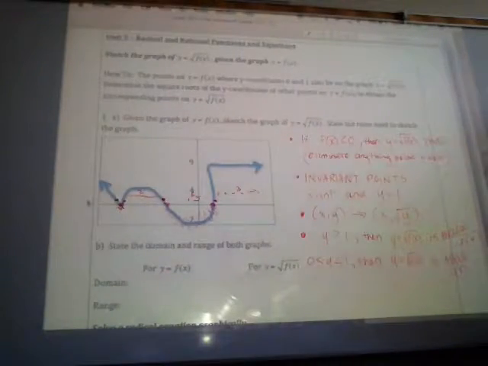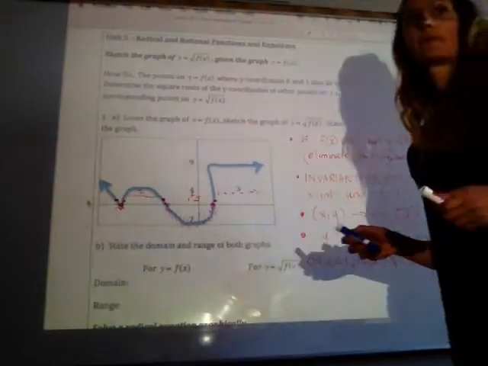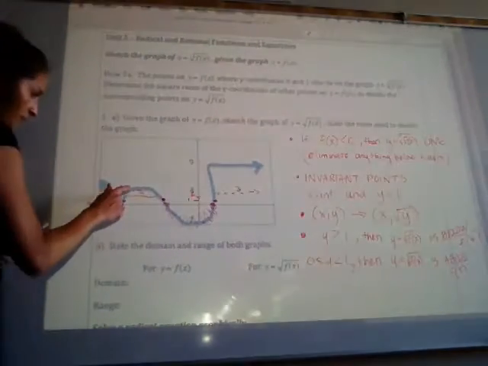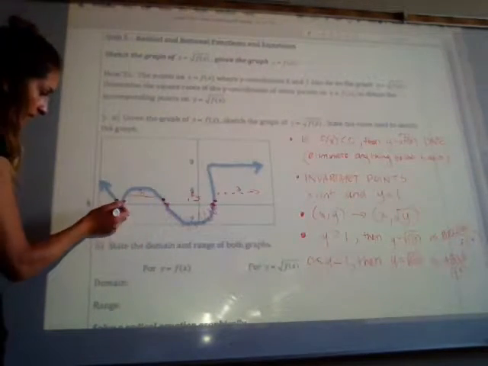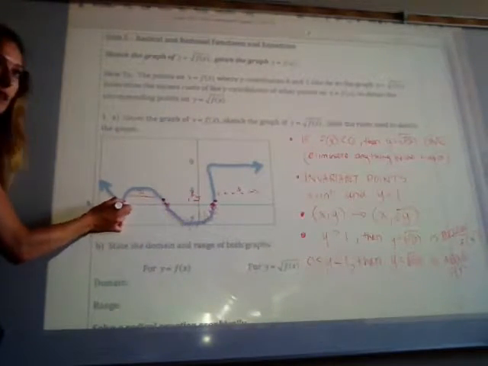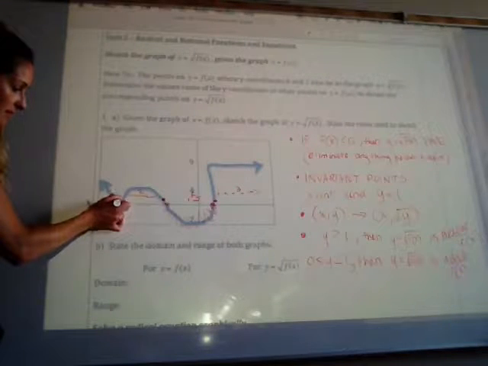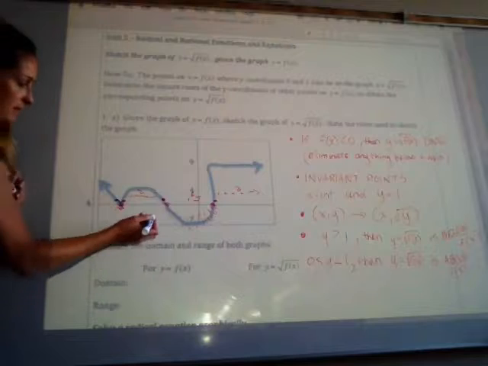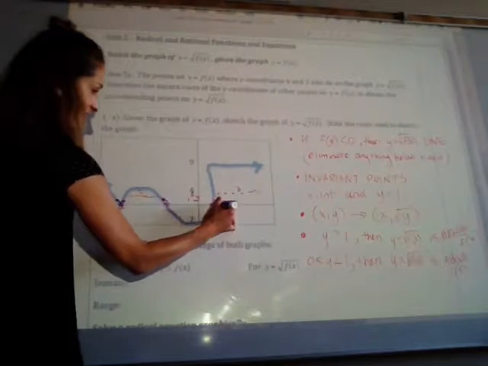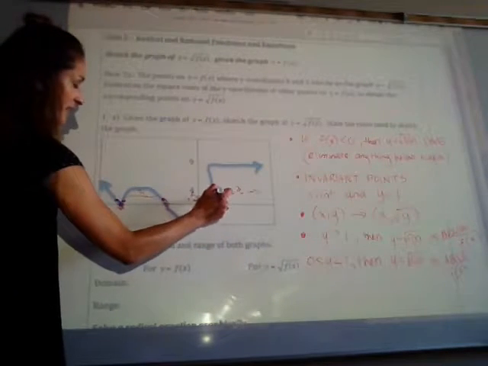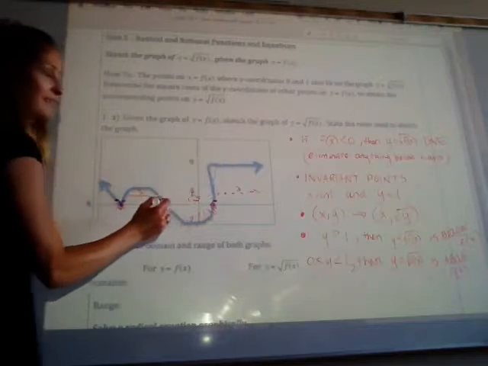So let's just draw this now. Invariant points. Okay, when we're between 0 and 1, are we above or below? Above, above, above, above. Now pretend that this original graph just went that way.